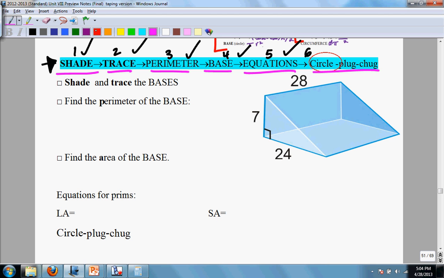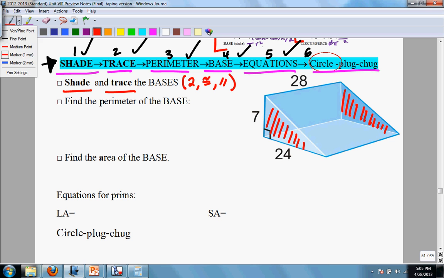Okay, step number 1, we want to shade and trace the bases. Remember the qualities of the bases? There's 2 shapes, they're congruent and they're parallel. So here, my bases are going to be here and here.